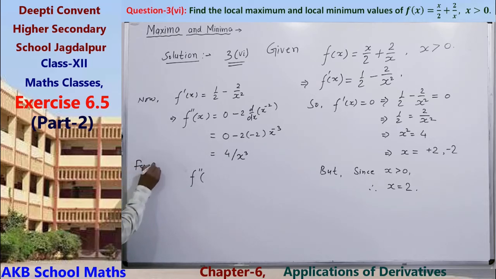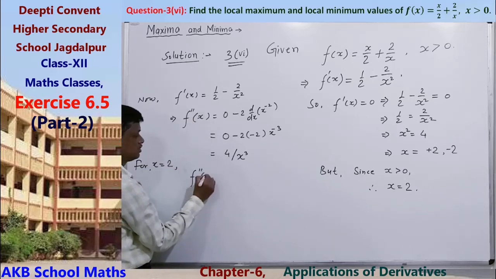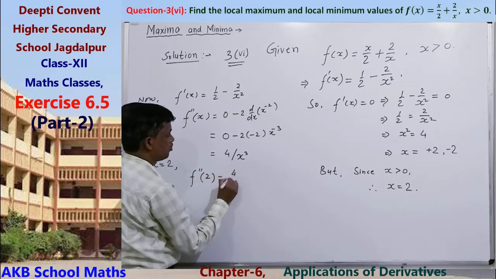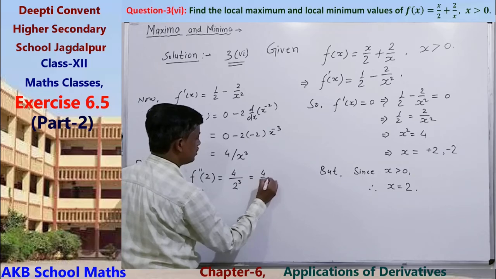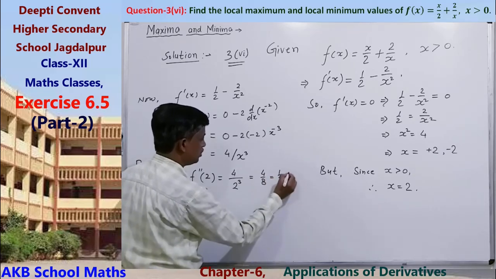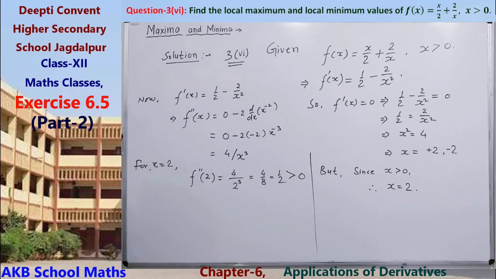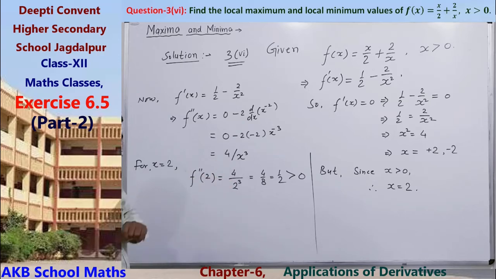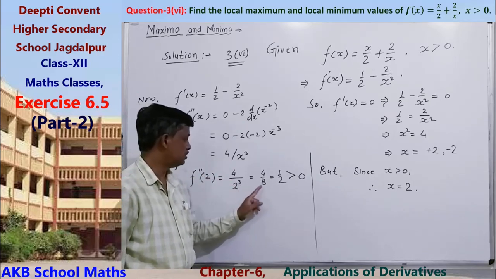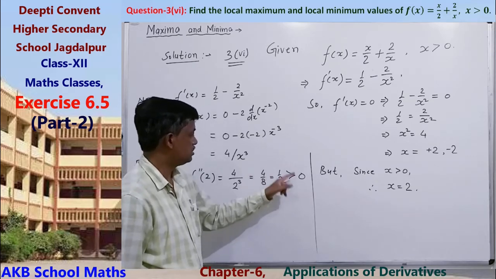For x equals 2, f double dash 2 equals 4 by 2 cube, which is 4 by 8, equals 1 by 2. This is greater than 0.